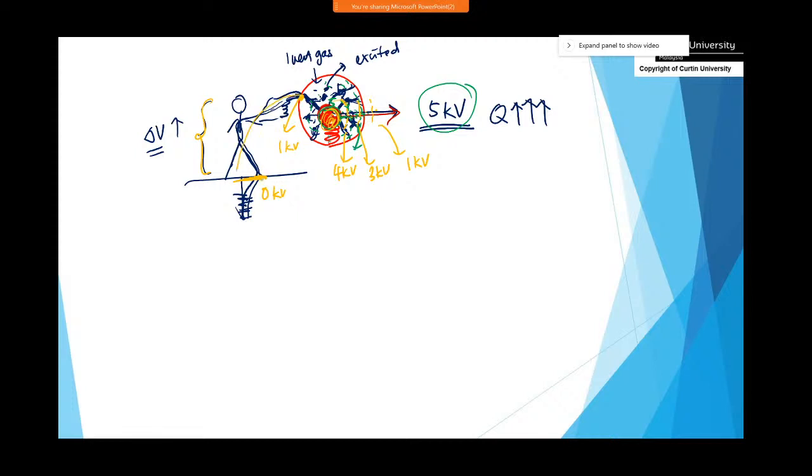Due to this potential difference, which is 1 kilovolt, the current would prefer to go through my body and down to the ground. But in fact that won't be that much, because the potential difference tends to decrease when the distance is further.